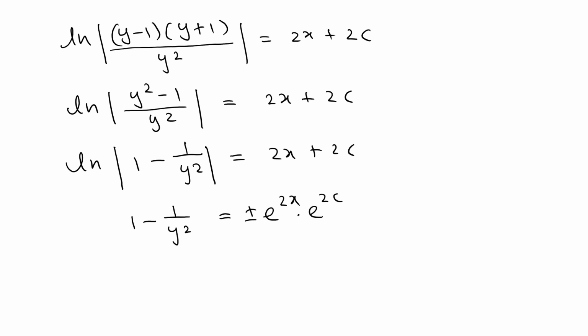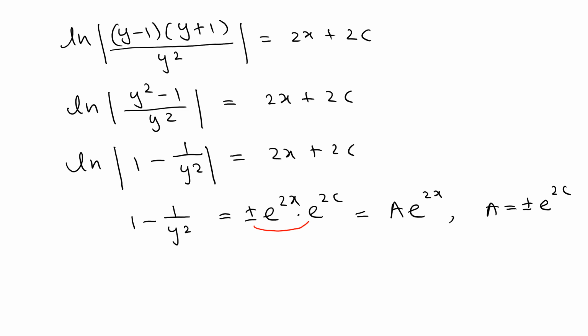And then what we can do now is combine these and just call it a. So we can write this as a e to the 2x, where a is simply plus or minus e to the 2c. I just call that a to make it easy. Now we can again switch terms around.